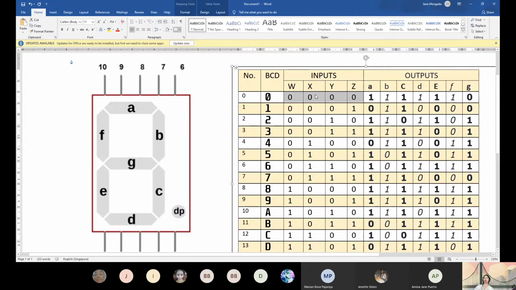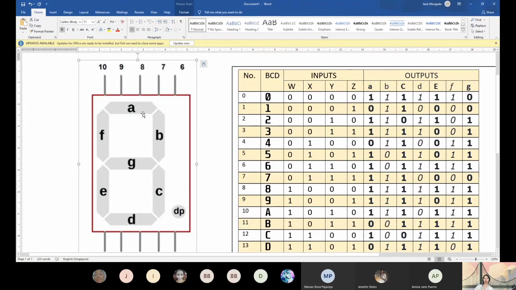You toggle the switch to 0. To have a display of 0, the letters A, B, C, D, E, F must be on, except for G.